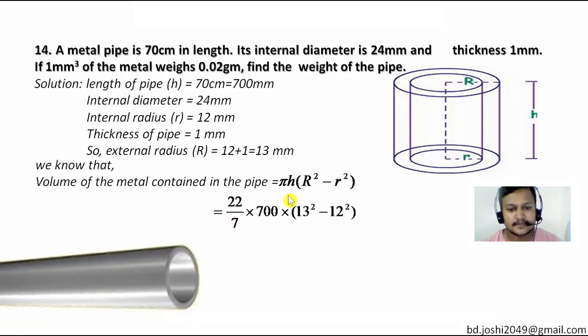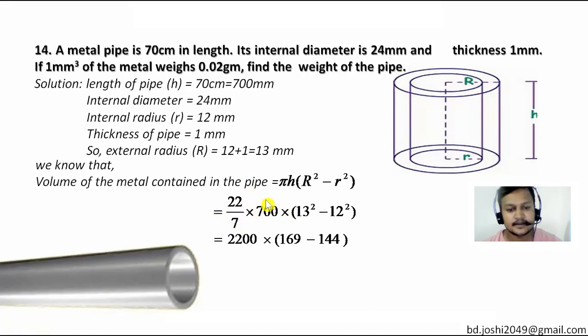Pi is 22 by 7. H, height of pipe or length of pipe, that is 700 mm, into capital R external radius is 13, internal radius small r is 12. Find out value of 13 square, 169, 12 square, 144, and the value which are outside here.